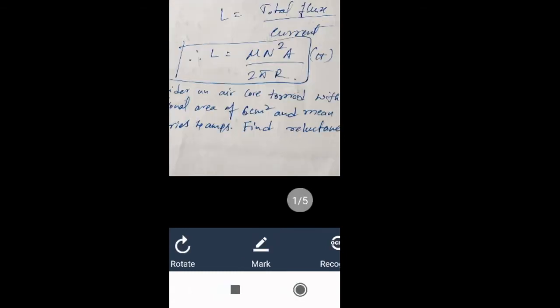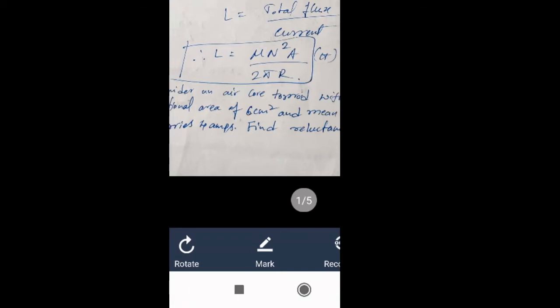First, you list out the data. What all is given?